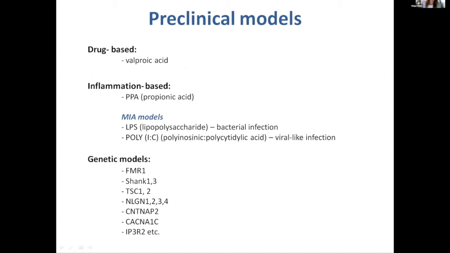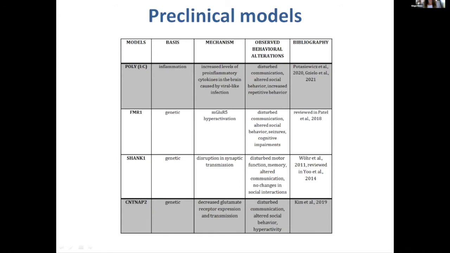Because of the growing number of ASD cases, there have been developed some preclinical models based on factors which may lead to ASD development, and we have drug-based models, inflammation-based models, and genetic models. I will briefly talk about poly-IC model, which is inflammation-based model, because several studies have shown that maternal immune system activation may lead to ASD development in children.